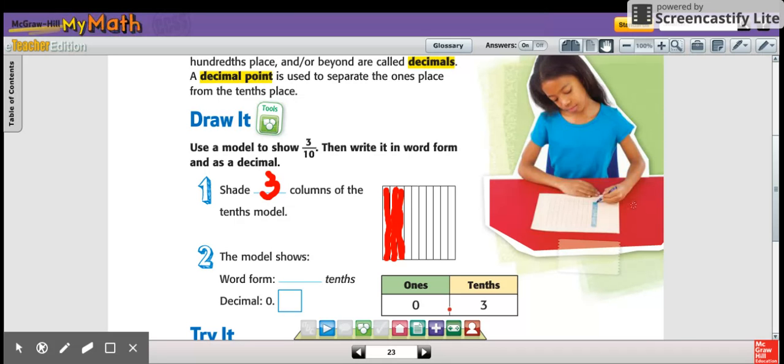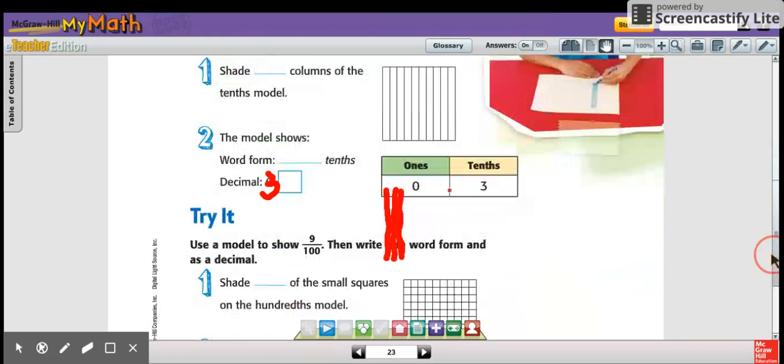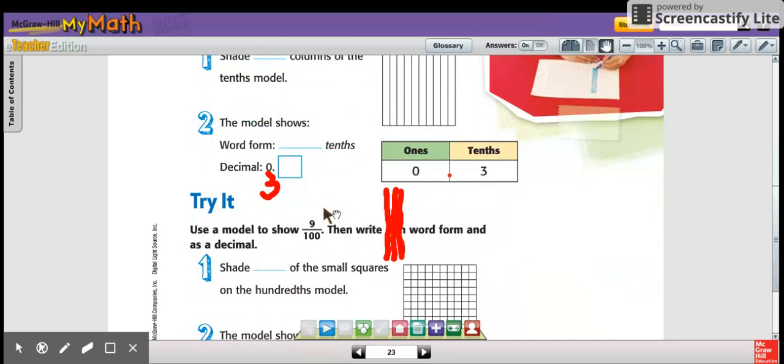The model shows in word form, let me write this in word form. Gotta get rid of our stuff from before since I moved it.